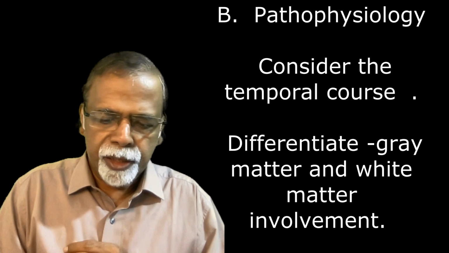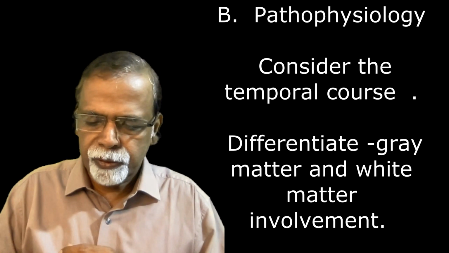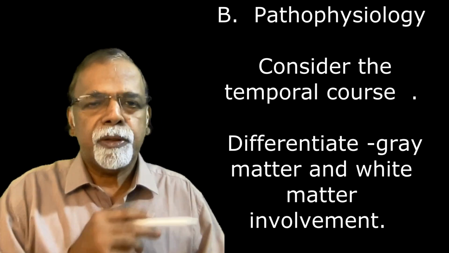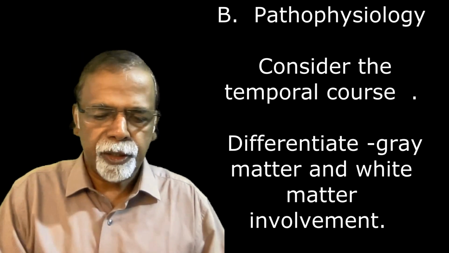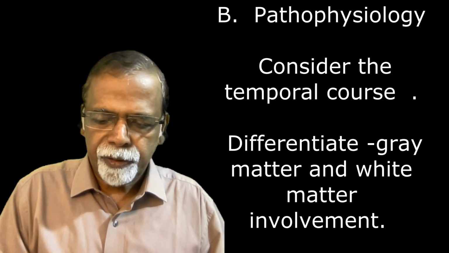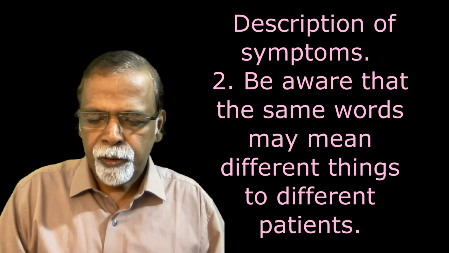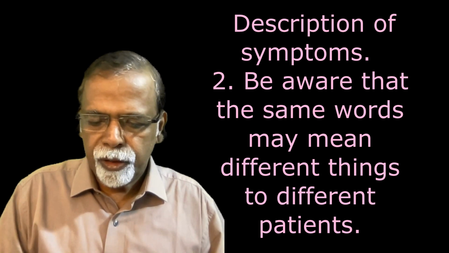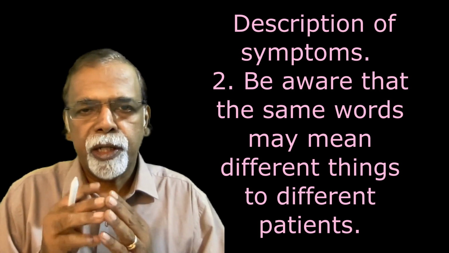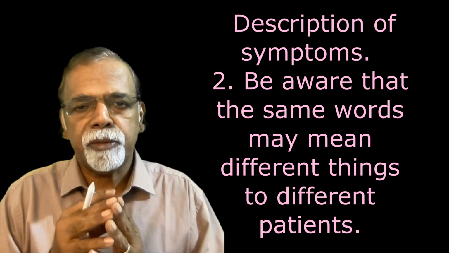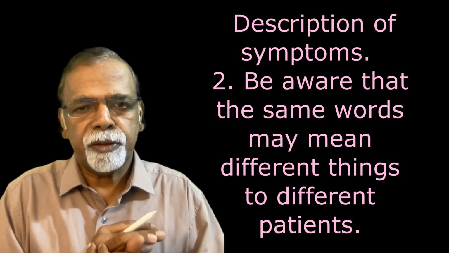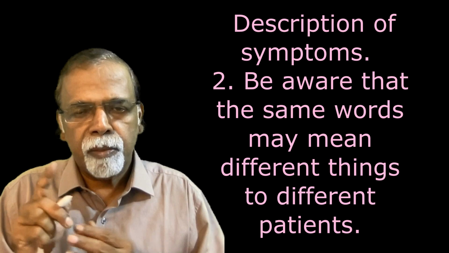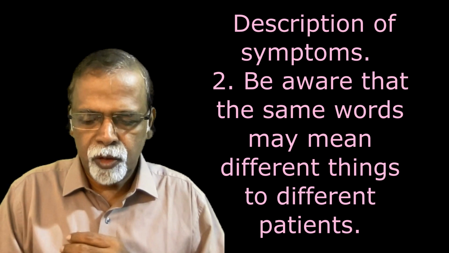One more point I would like to explain to you regarding symptomatology. When the patient is giving the history, clarify whether what you say and what the patient means by the same symptom is one and the same. For example, somebody complaining of vertigo, it's a very common symptom.